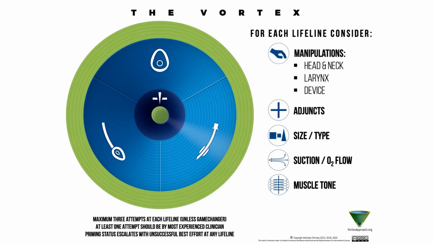And then just to show this is the vortex method, I will say go to the lecture on vortex at vortexapproach.org, I think, or .com. It's an Australian approach that we use. And in short, it's just for airway maneuvers. You have 3 advanced airways, and you can only attempt it once in a perfect way, or you can optimize the situation and try it 3 times, but you need to optimize it every time.